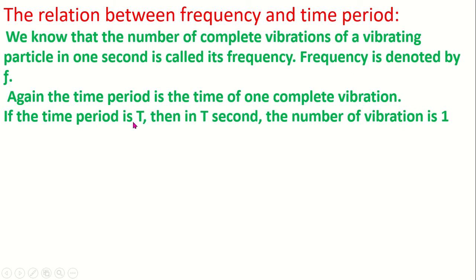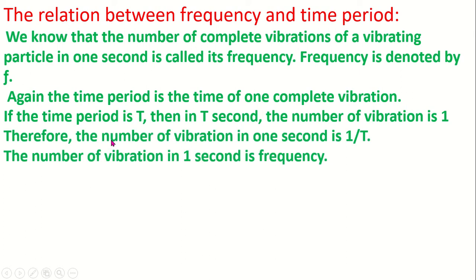So if the time period is t, then in t second the number of vibration is 1, because time period is the time in which one vibration is completed. So in time t, that means in t second, the number of vibration is 1. Therefore the number of vibration in 1 second will be 1 by t.